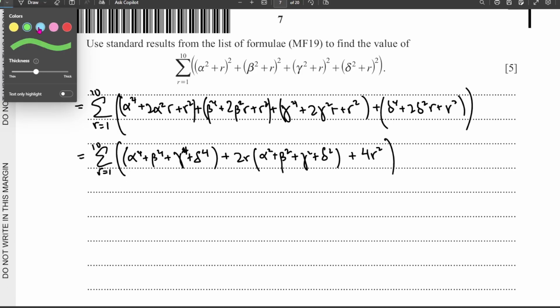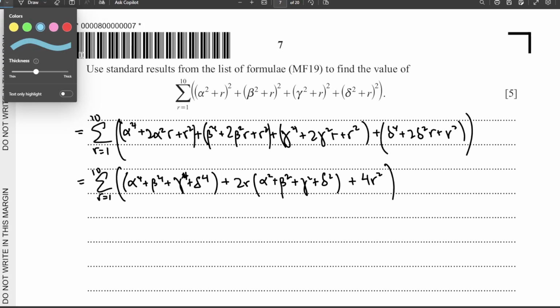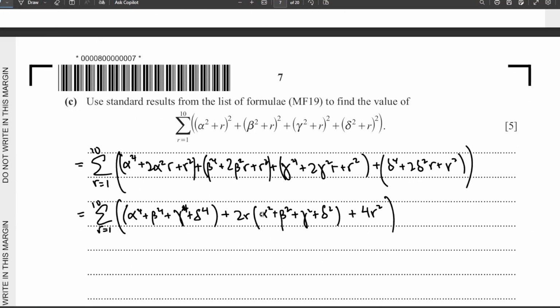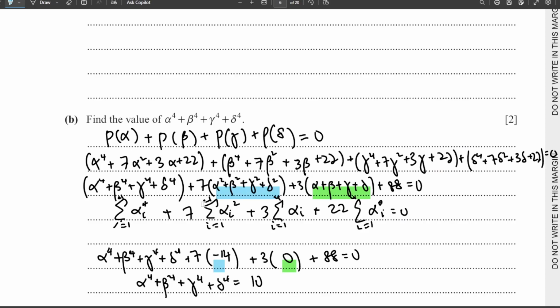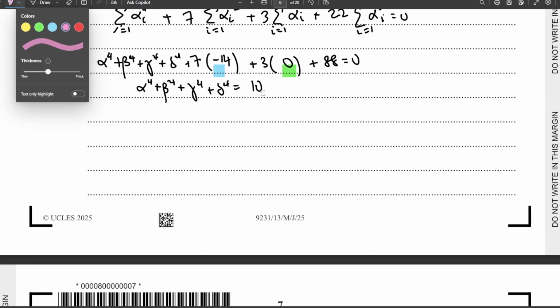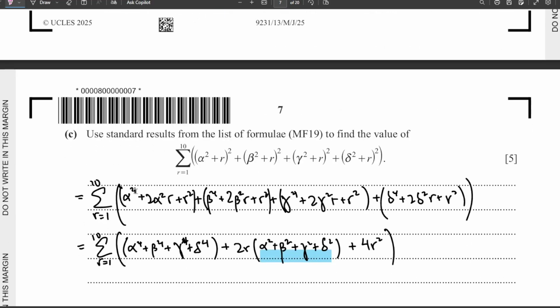Again, the sum of squares we have found in the previous question. I'll highlight in blue. And then also the sum of the power of 4, we have found in this question. Highlight in pink.